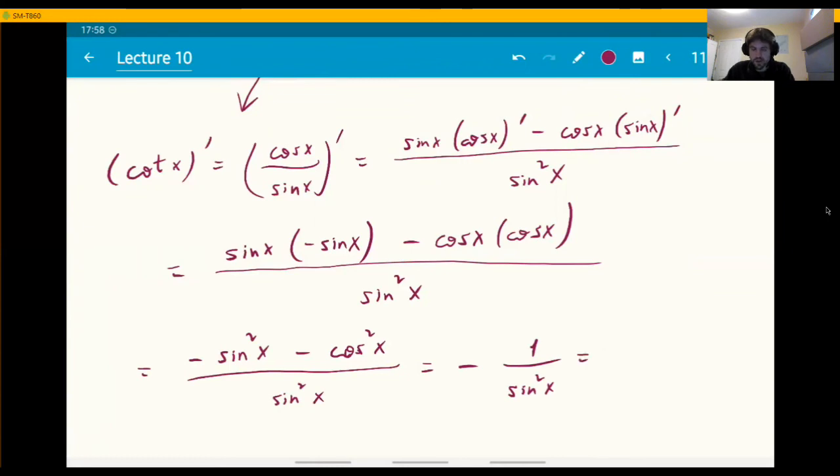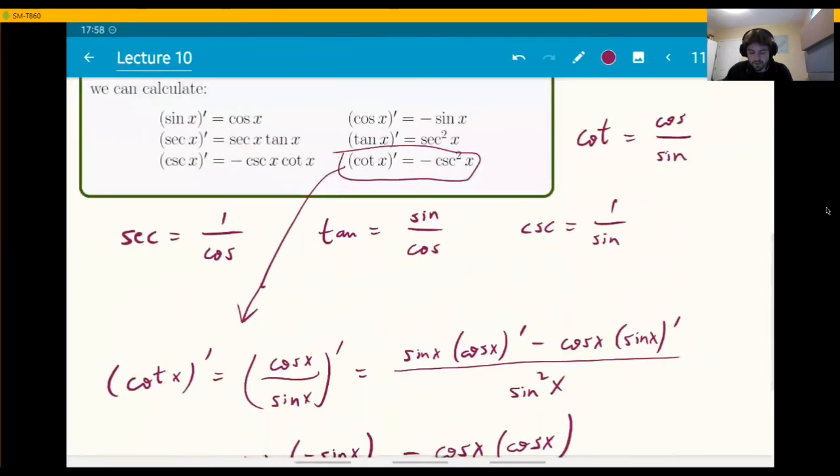Well, 1 over sine is the same thing as cosecant. So this is minus cosecant squared. Just like the formula told us. So again, if you can memorize them, that's great. If you want to memorize really the ones that you're going to need, it's the first 4.